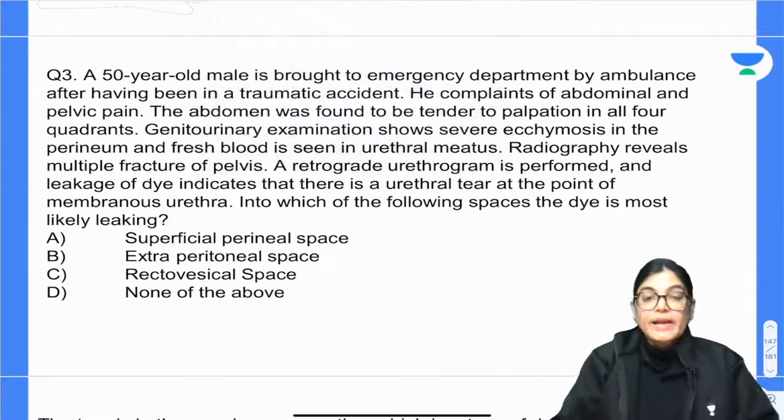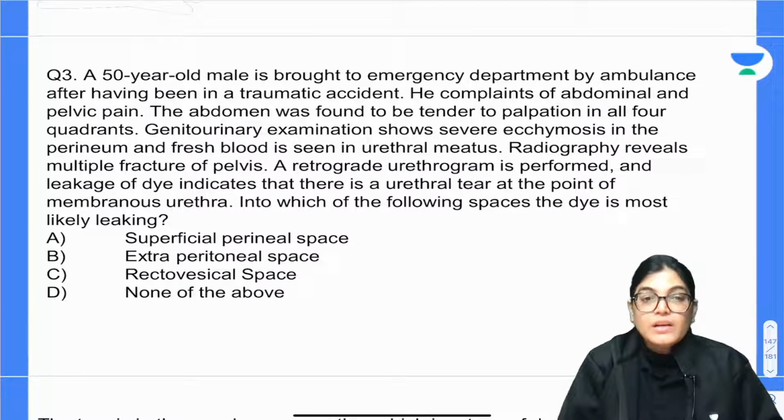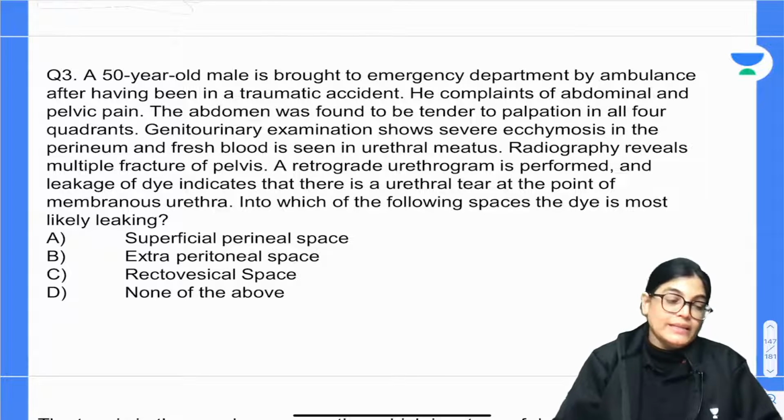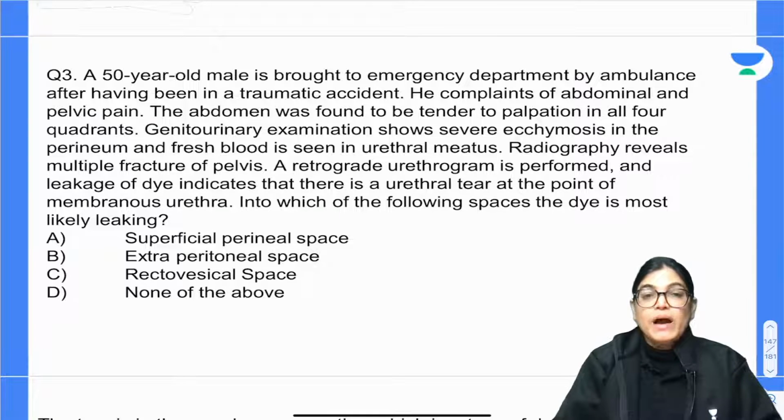Okay, so a 50-year-old male is brought to the emergency department by ambulance after having been involved in a traumatic accident. He complains of abdominal and pelvic pain. The abdomen was also found to be tender on palpation in all the 4 quadrants.